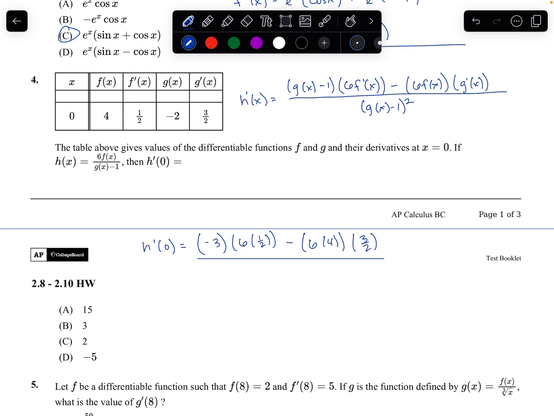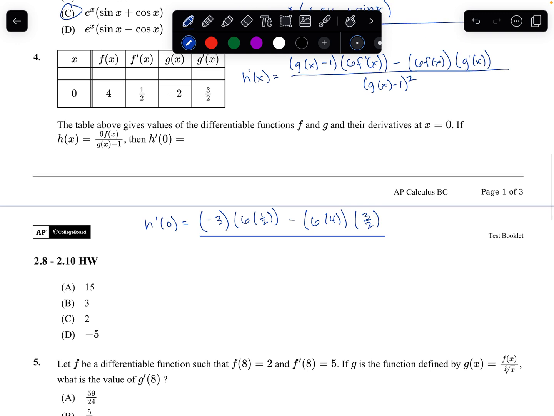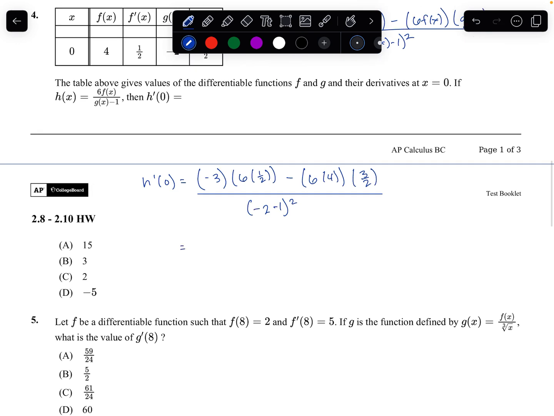all over, and then we're going to plug in 0 here. G of 0 is negative 2, so that becomes negative 2 minus 1 squared. Okay, let's do some arithmetic here. That's going to be negative 3. You multiply them together, you get negative 9. And then minus, all these are being multiplied together.